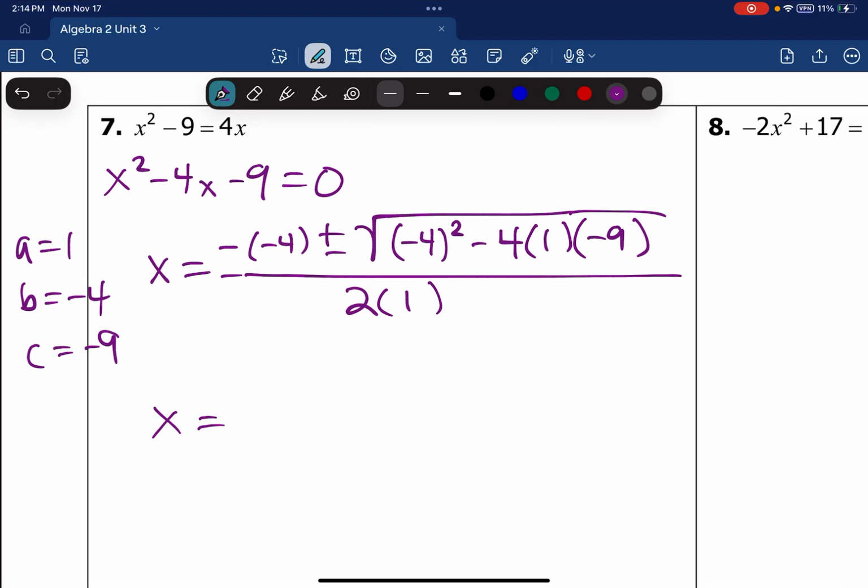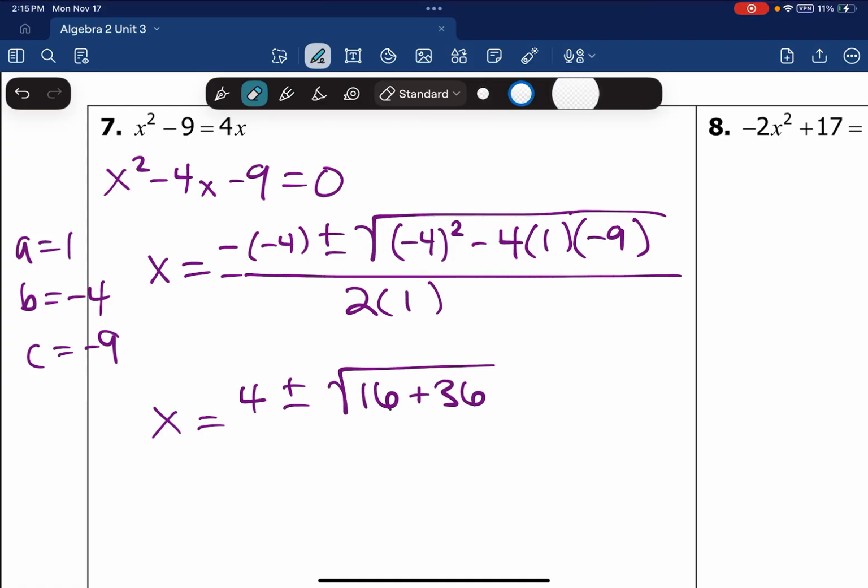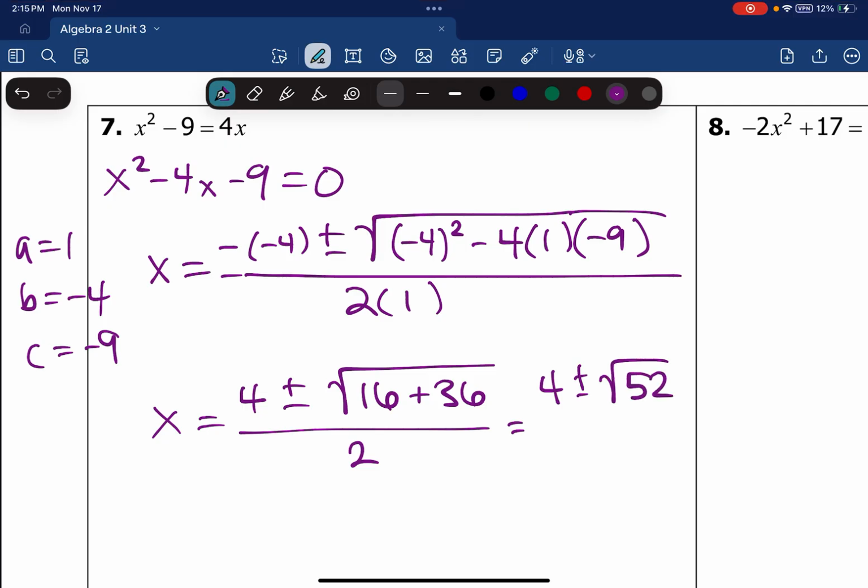Okay, -4 is a +4, plus or minus. Remember, we're simplifying the inside of the radical. 16 plus 36, all over 2. 16 plus 36 is radical 52, all over 2.